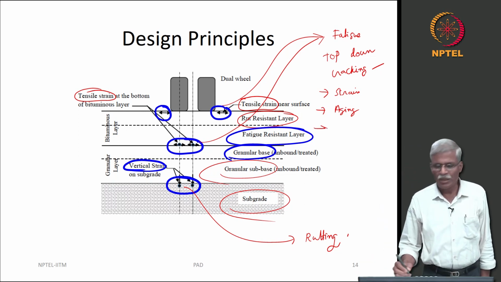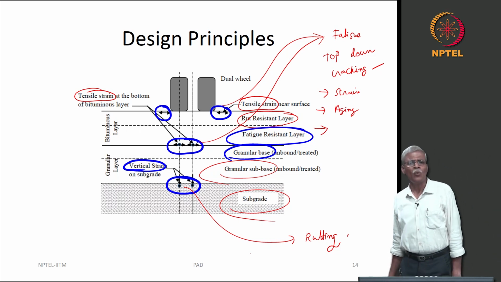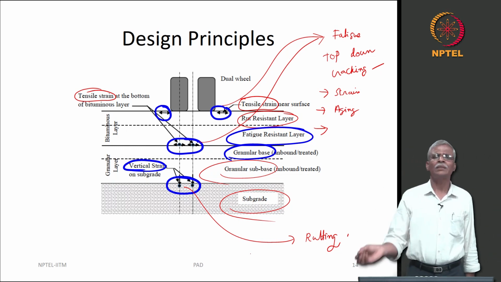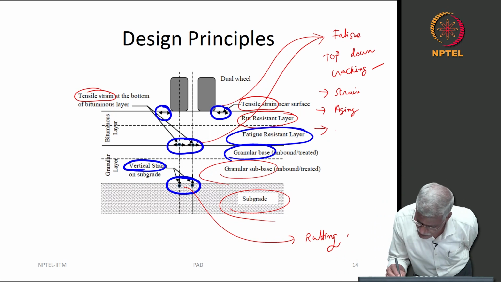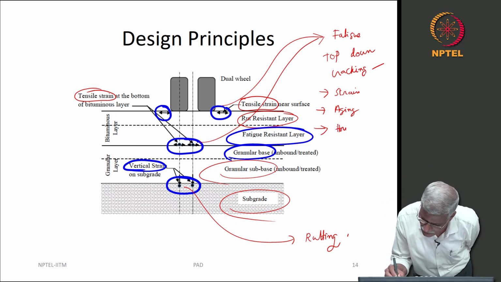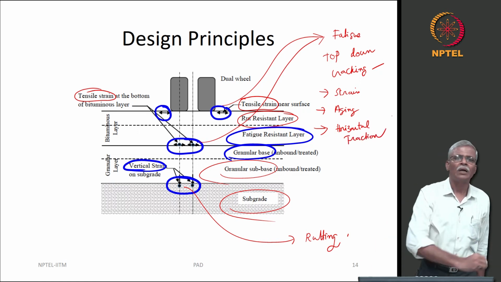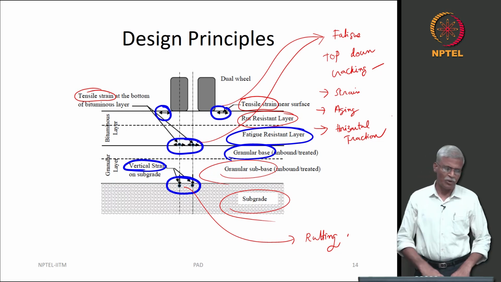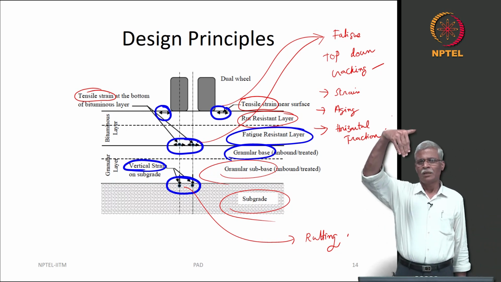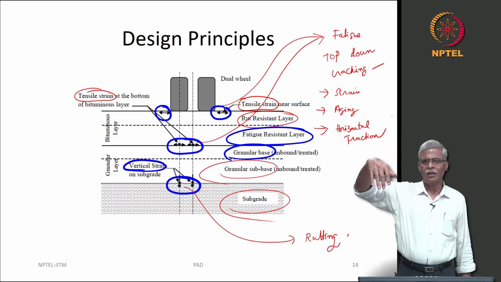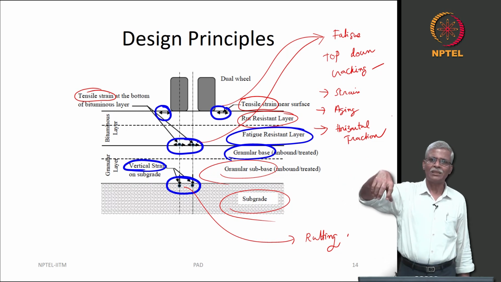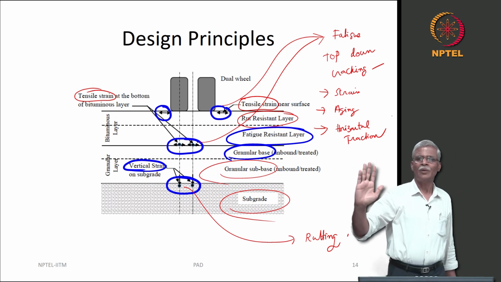So, the third is what can happen, I have mentioned this in the earlier classes, what is really called as horizontal traction can happen. So, what is this horizontal traction? You are driving along the highway, you see that there is an intersection and there is a vehicle coming in this side.